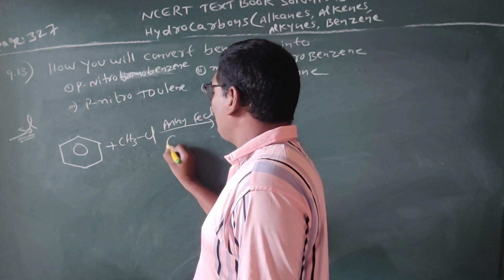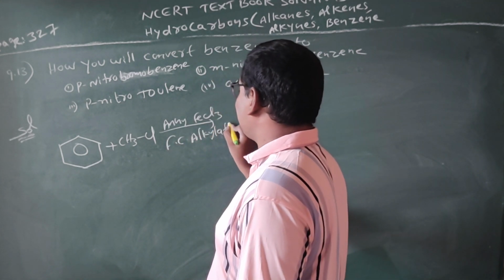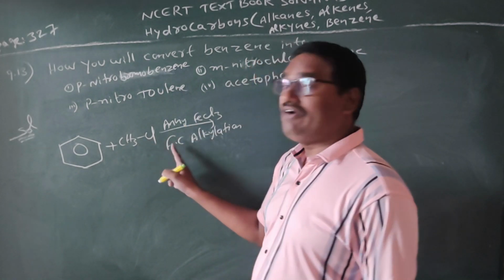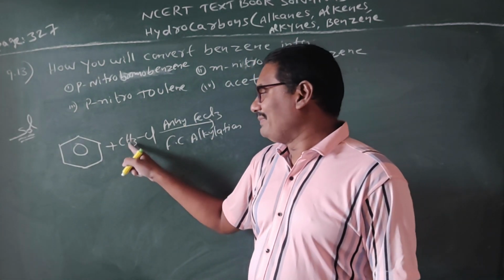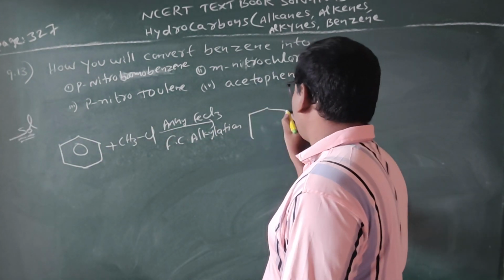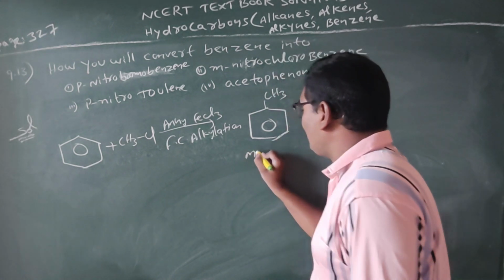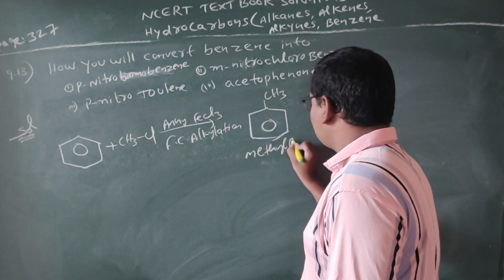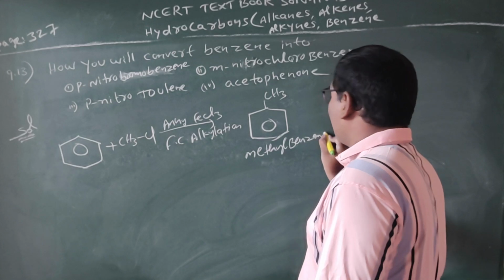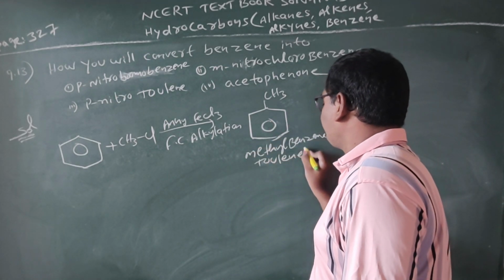This reaction is called Friedel-Crafts alkylation. The methyl is substituted on the benzene, giving methylbenzene, also called toluene.